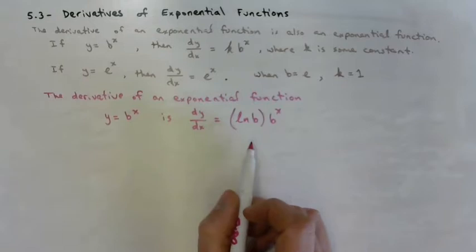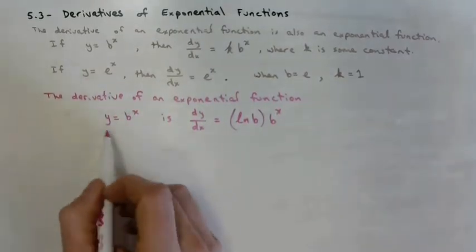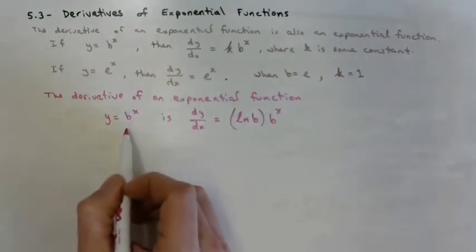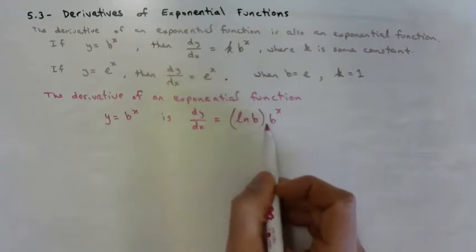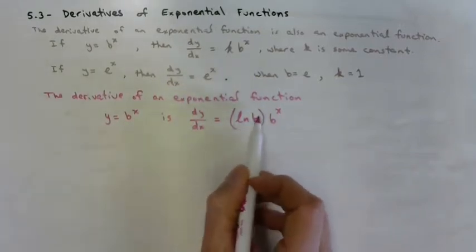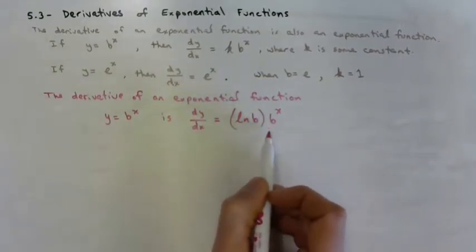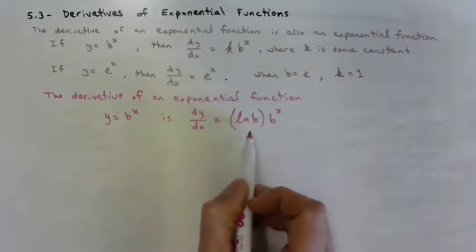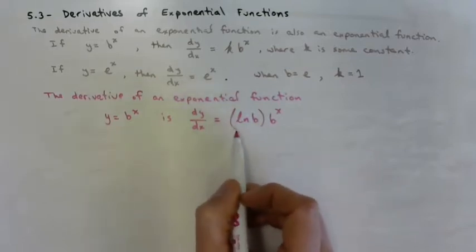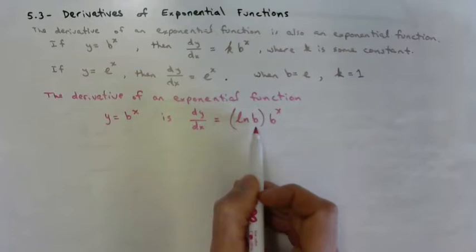So again, if you're taking the derivative of an exponential function with base b, you just have that function, but with a stretch compression, and the stretch compression is a constant that's defined by the natural log of the base.